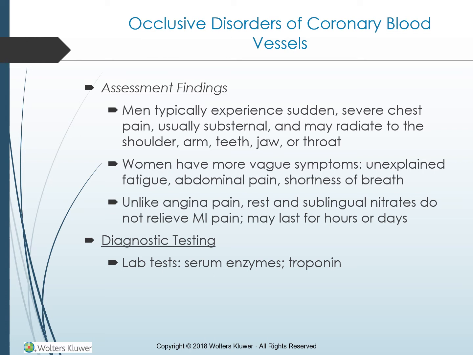Creatinine kinase, abbreviated CK, formerly creatinine phosphokinase, and its cardio-specific isoenzyme CK-MB. So now they call it CK. Lactate dehydrogenase, LDH, and isoenzymes LDH1 and LDH2. Aspartate aminotransferase, which is abbreviated AST, formerly called serum glutamic oxaloacetic transaminase, SGOT.